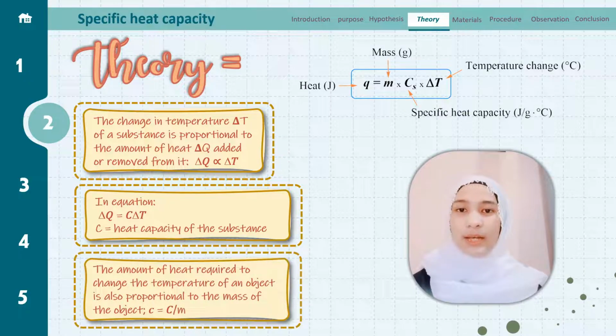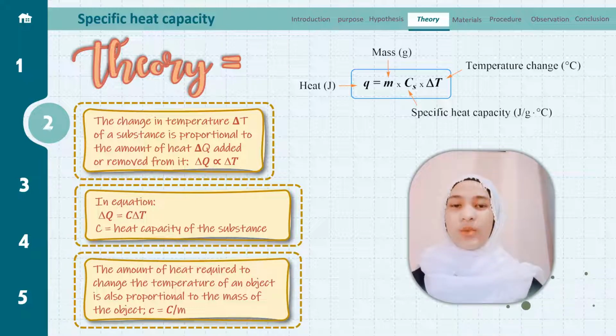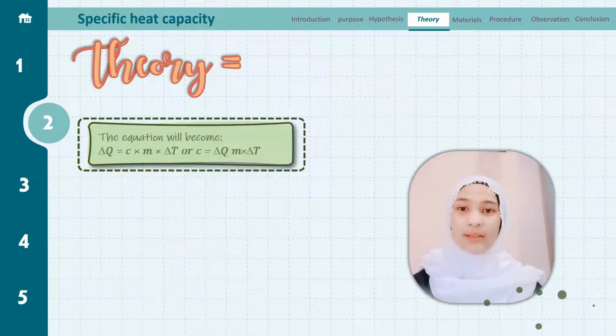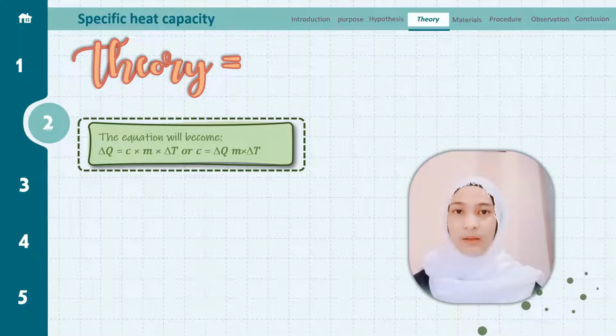However, the amount of heat required to change the temperature of an object is also proportional to the mass of the object. Hence, it is convenient to define specific heat capacity c, which is the heat capacity per unit mass of a substance. Thus, the equation becomes ΔQ equals c times m times ΔT, or c equals ΔQ over m times ΔT.